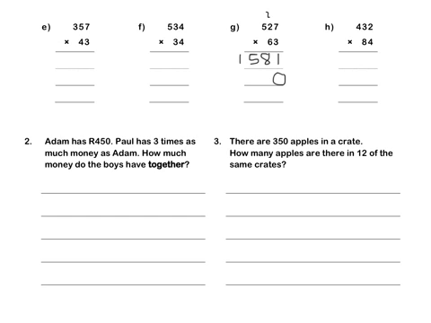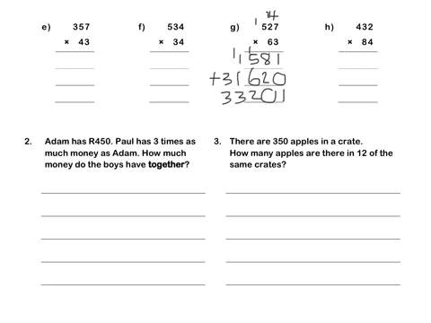Then 6 times 7 is 42. 6 times 2 is 12, plus the 4 is 16. 6 times 5 is 30, plus the 1 is 31. Now we need to add up. And there we have our final answer.